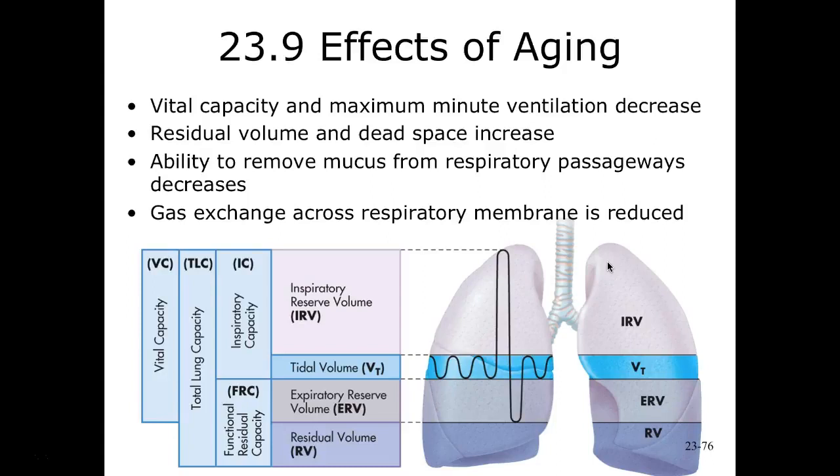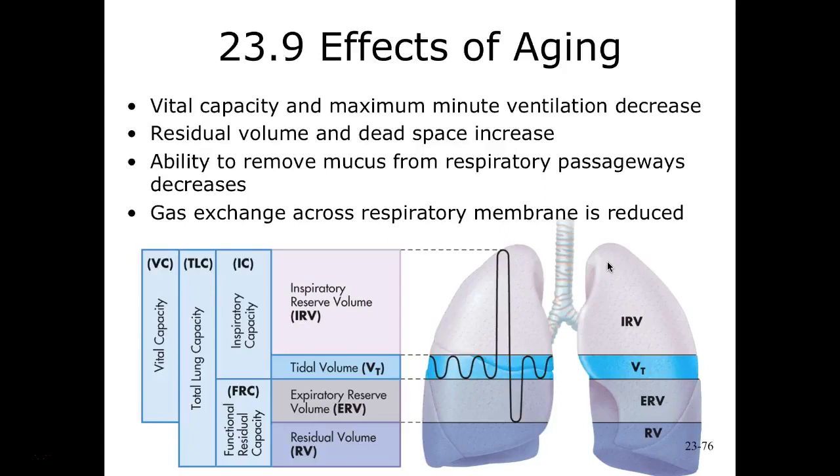So now we're going to see that our vital capacity and our maximum minute ventilation is going to decrease. And this vital capacity will decrease because we have a lower ability to fill our lungs with air. And we're also having a decreased ability to empty that air out of our lungs as well. So as a result, we get a decreased vital capacity.